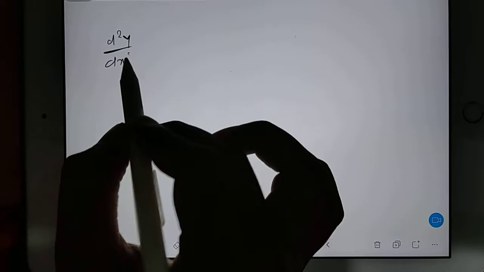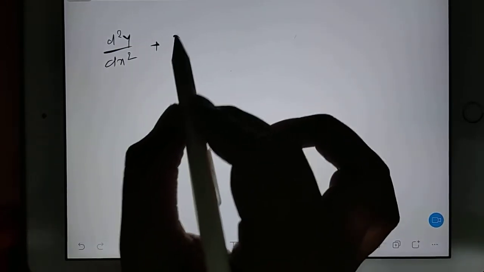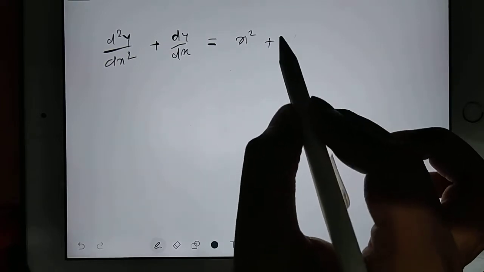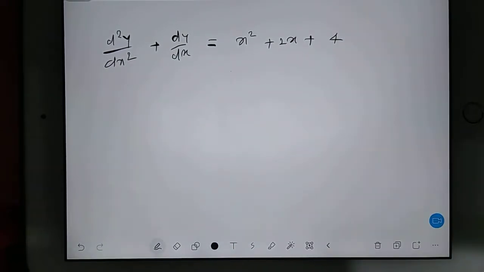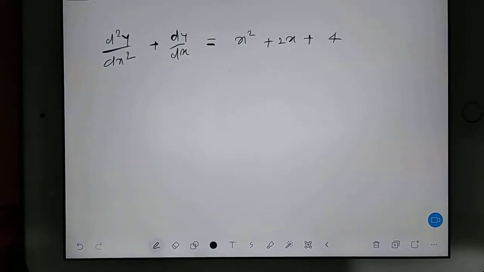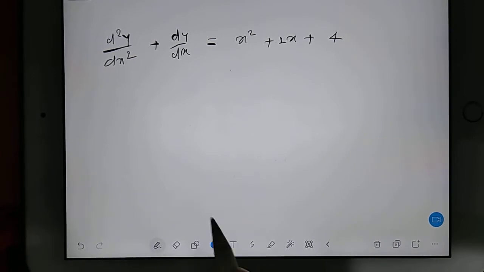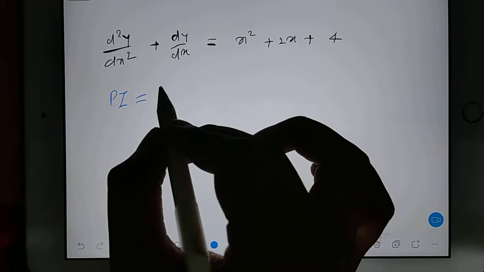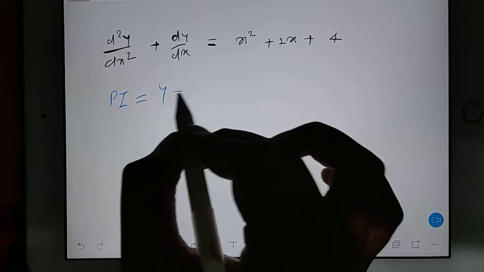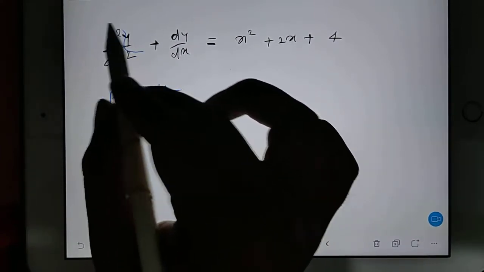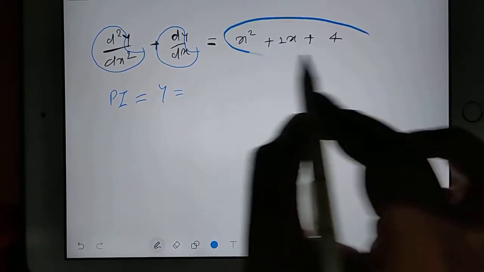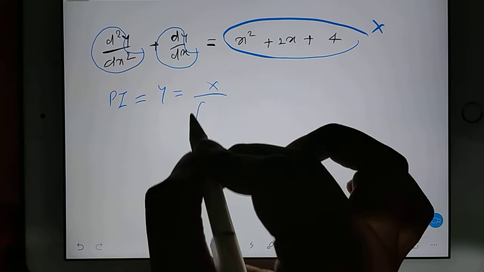d2y by dx square plus dy by dx is equal to x square plus 2x plus 4. So now you are master, easily you can do it. So y is nothing but, quickly you see, replace this with D square, replace this with D, and this total is nothing but capital X. So it is in the form of f(D) now, right?